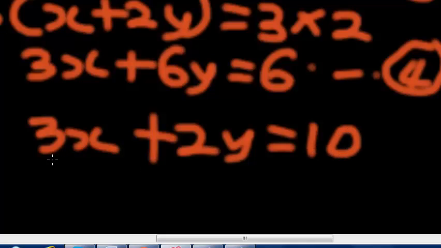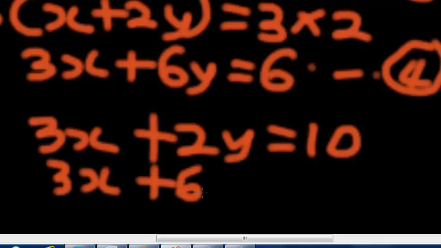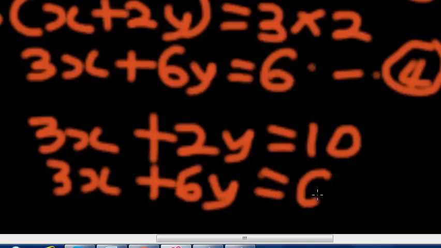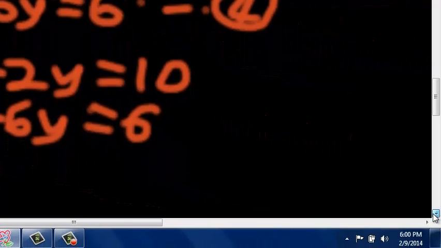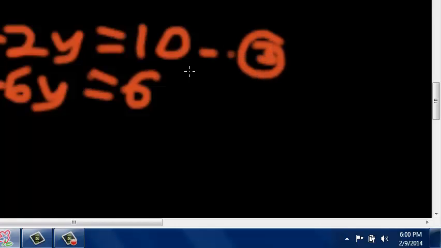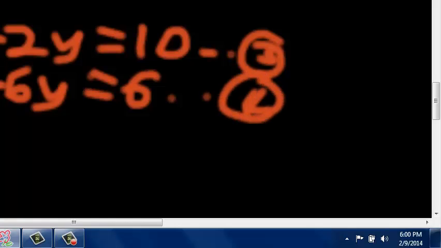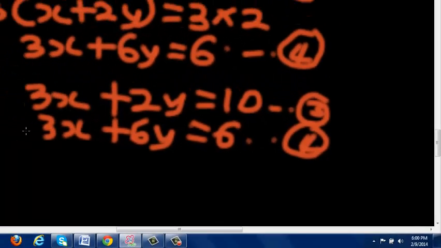We also have in equation 4 3x plus 6y is equals to 6. So we subtract, this is equation 3 and this is equation 4. Subtract equation 4 from 3.